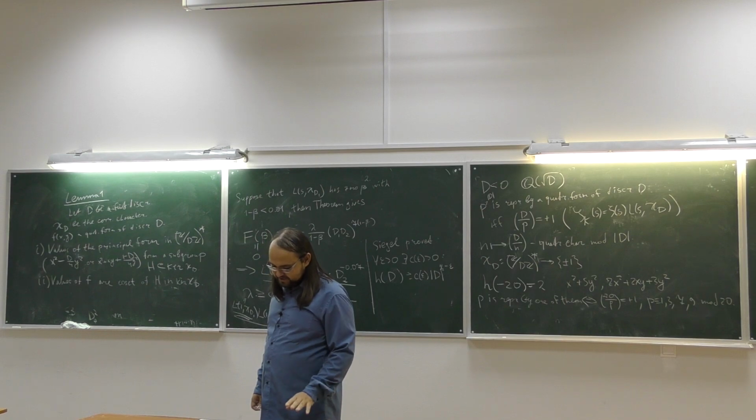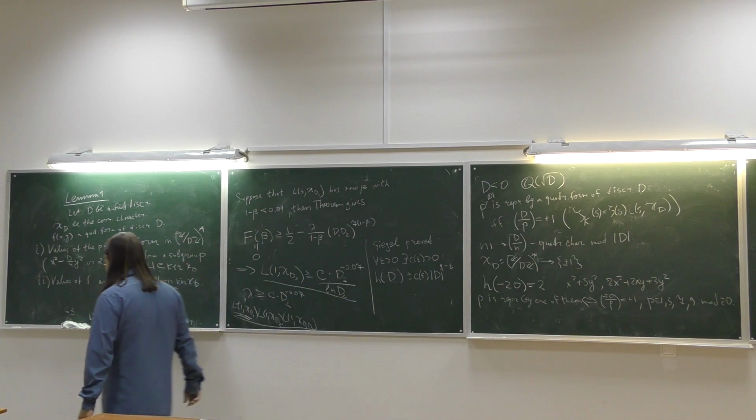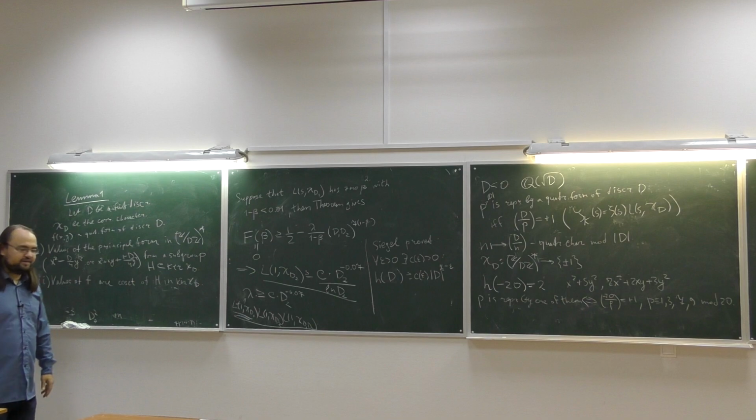Now we need to prove that values of f form a coset. This is an observation by Gauss.